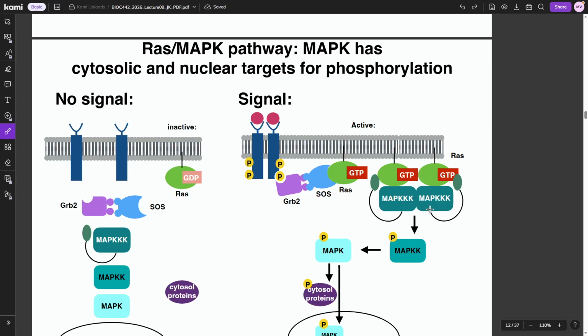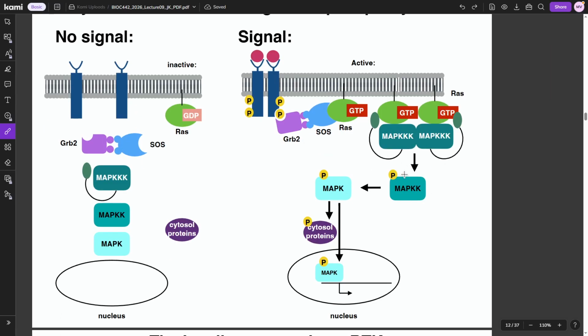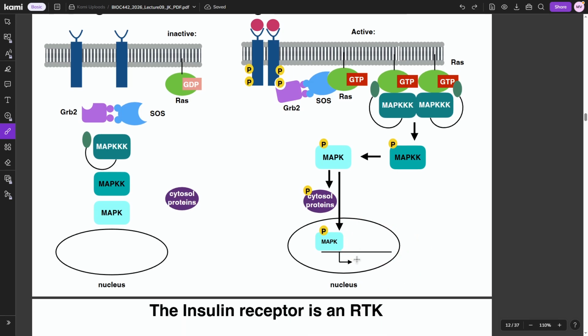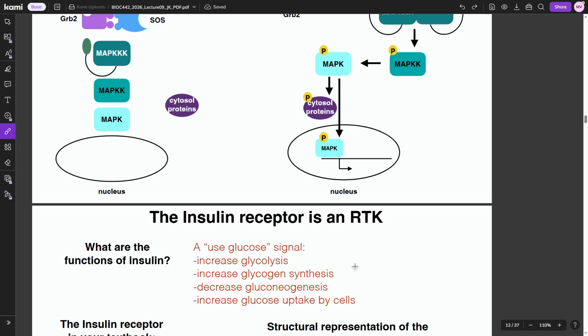When MAP kinase is active, that phosphorylates MAP kinase, which then phosphorylates MAP kinase, and then MAP kinase is the final step in this pathway, basically, where MAP kinase then phosphorylates cytosolic proteins, as well as itself goes into the nucleus to transcribe different sections of the genetic code.